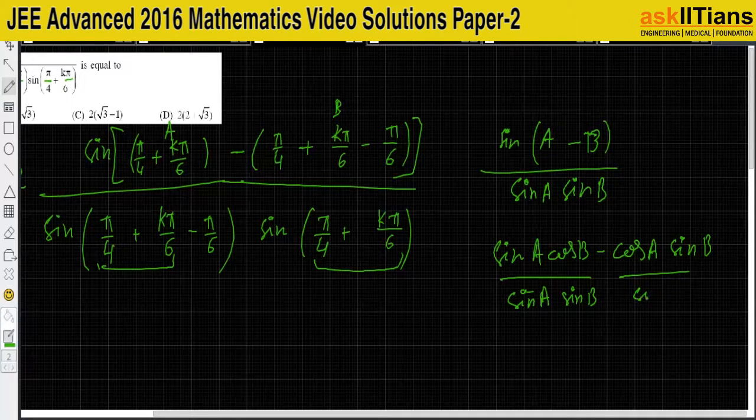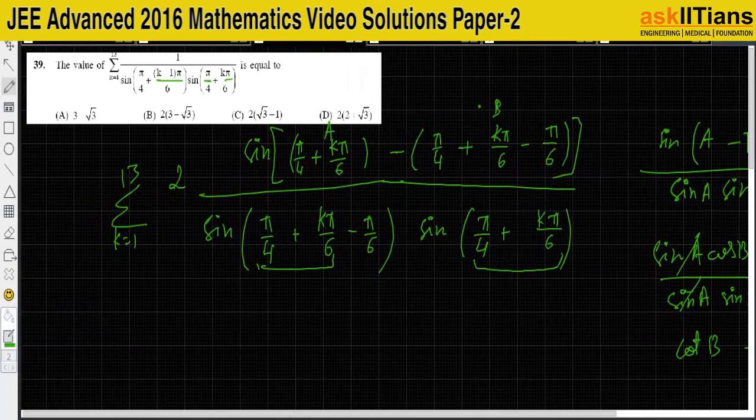Here also divided by sine A sine B. So this sine A will get cancelled, and here sine B will get cancelled. So I'll get cot of B minus cot of A. What is B and what is A? This is B and this is A.